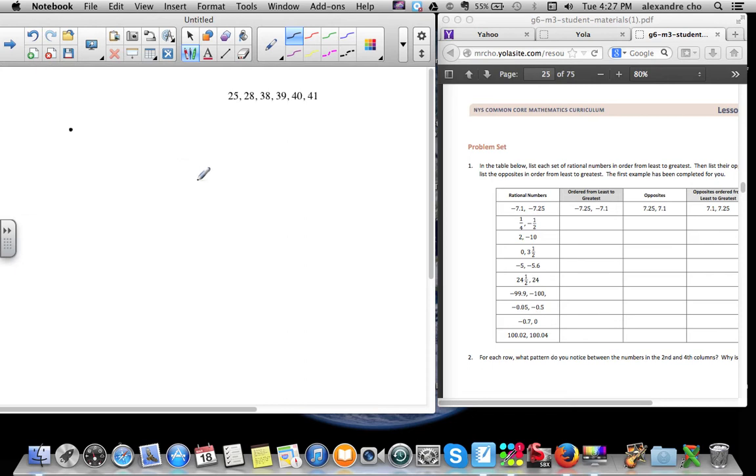So 1/4 and negative a half from least to greatest is negative a half, and then 1/4. Their opposites would be a half and negative 1/4. The opposite of negative a half is positive a half, and the opposite of 1/4 is negative a fourth.